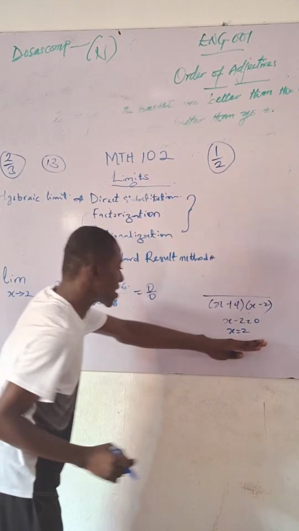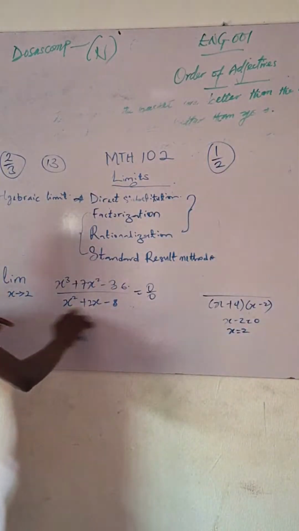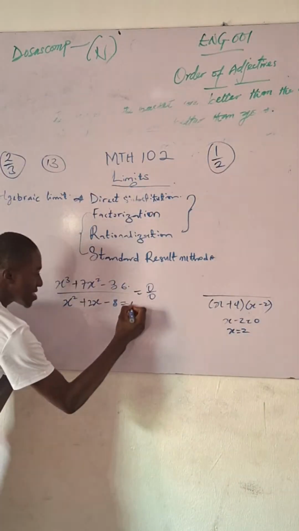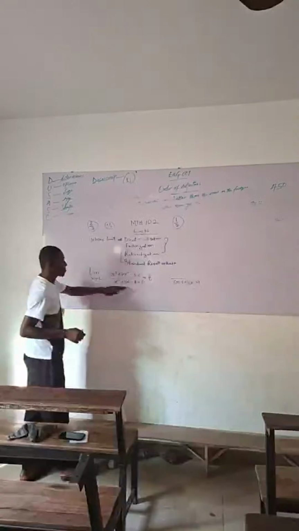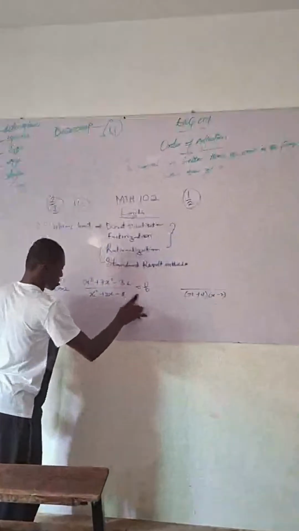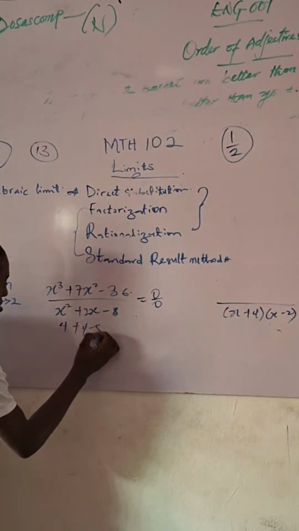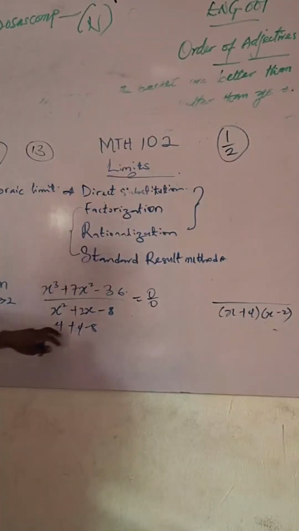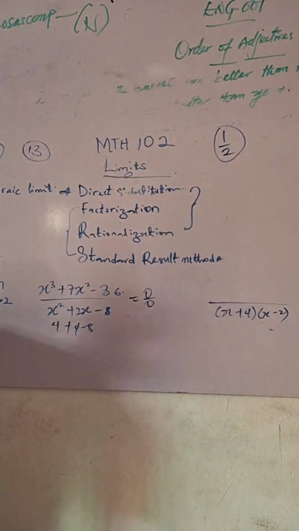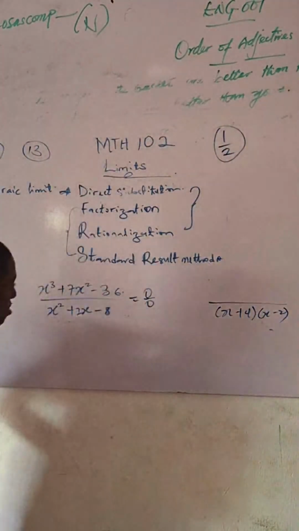If you put x equal to 2 into the expression and you get 0, that means it is a factor. So this would be 4 plus 4 minus 8, and 8 minus 8 is 0. So x minus 2 is a factor.